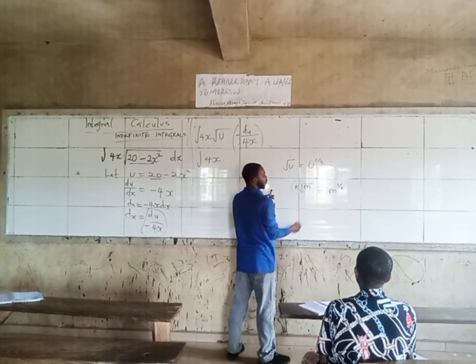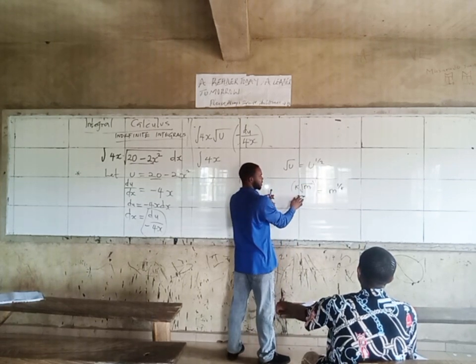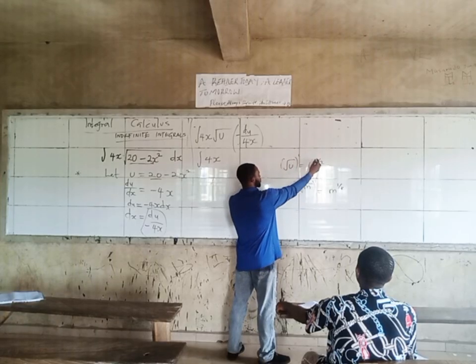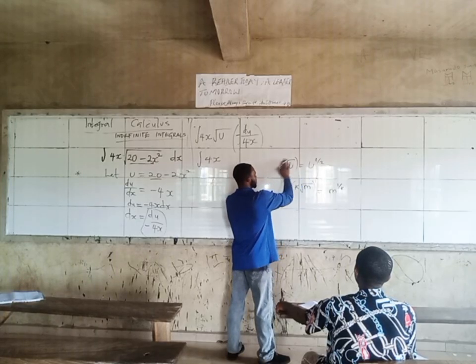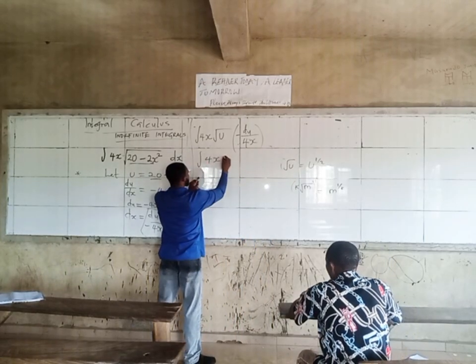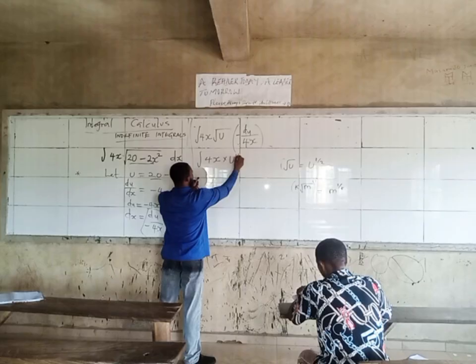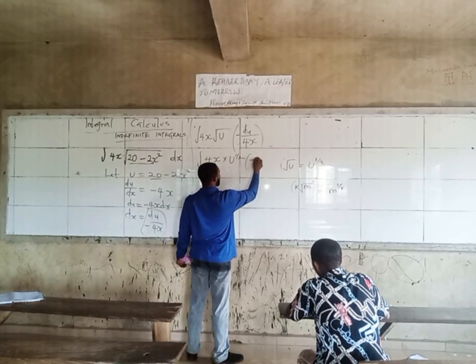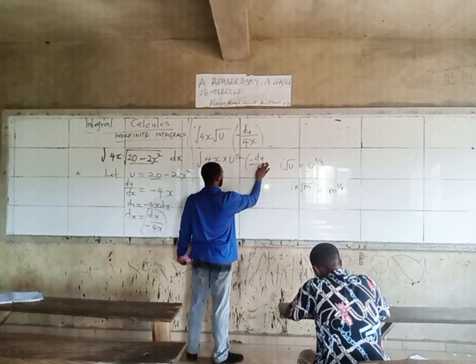Anything raised to power 1 is still that thing. So that means root u is the same as saying times u raised to power 1 over 2, then times minus du all over.